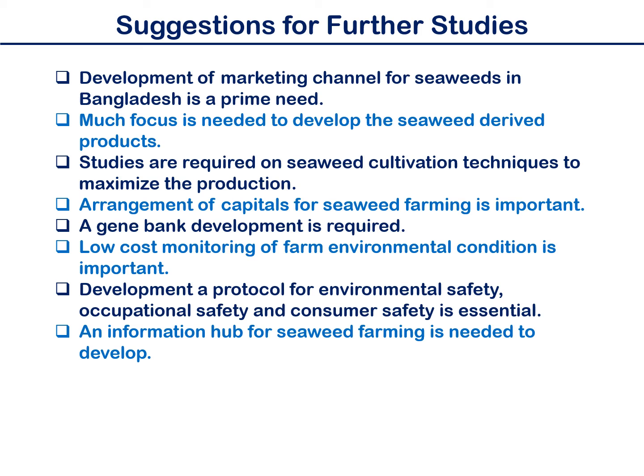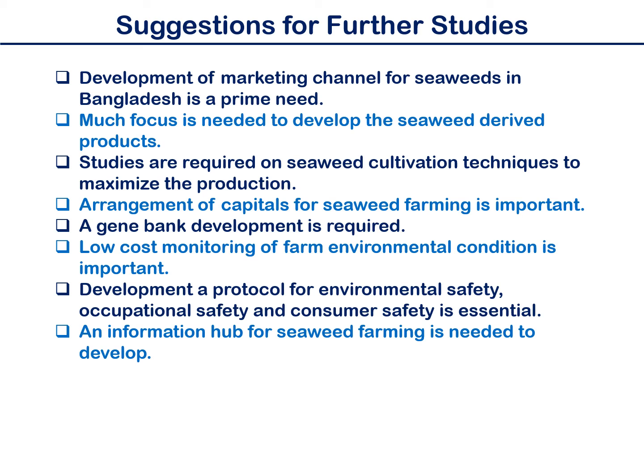So now we have a spatial habitat suitability map. We know seaweeds are safe for human consumption. We know what the diseases are, but at this moment one thing missing is a marketing channel for seaweed. Farmers, entrepreneurs, and government officials all said that Bangladesh should develop a value chain for seaweed, and we need to focus on product development, that means seaweed-derived products.